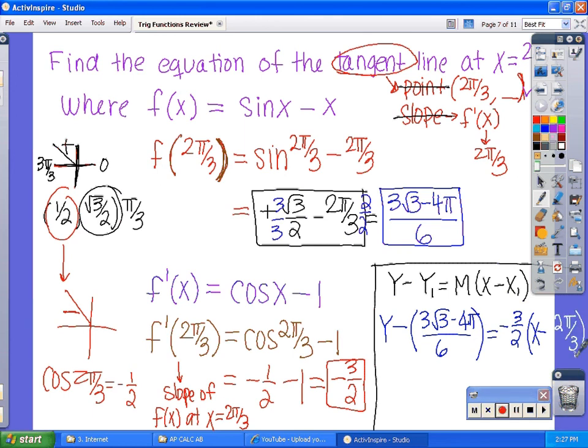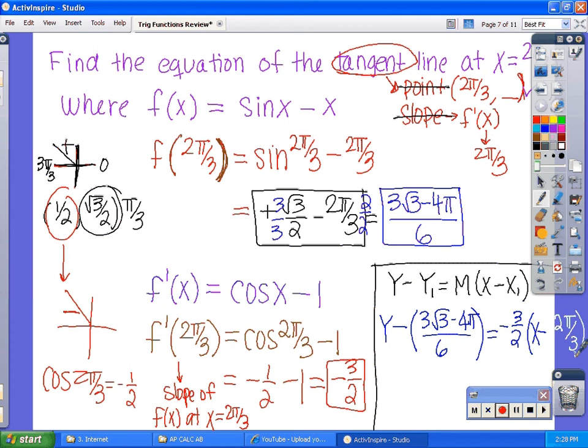So you can kind of see that in learning the derivatives of trig functions, you end up using a lot of what we just went over in terms of review from pre-cal to help you evaluate derivatives, make the equations of tangent lines, and find the point at a certain x value.